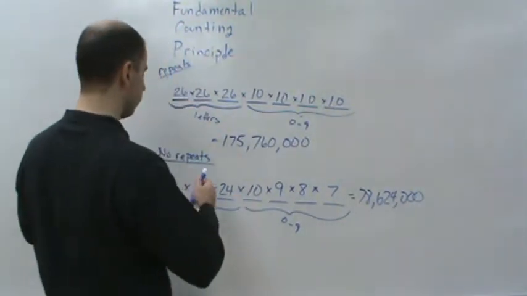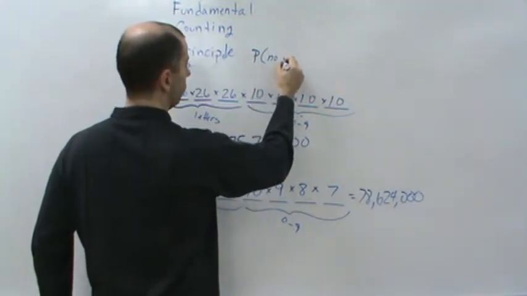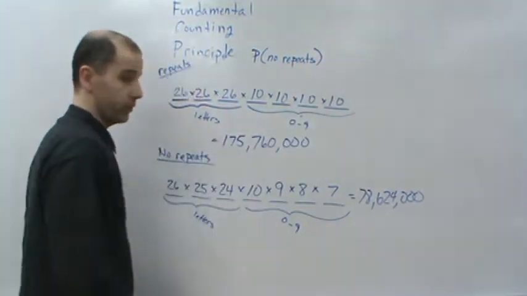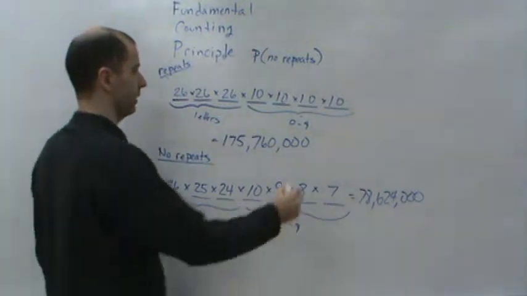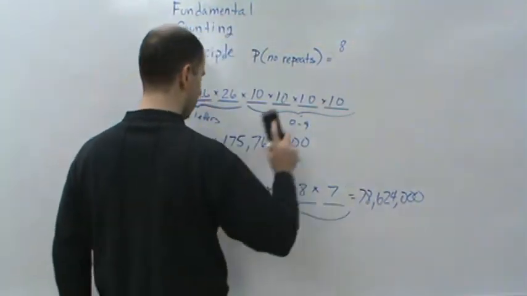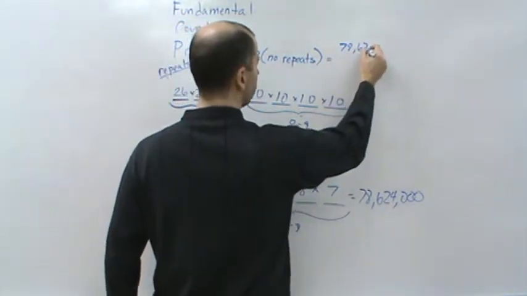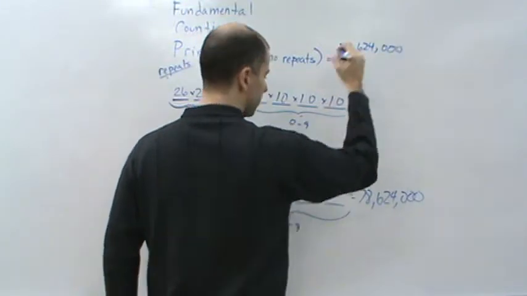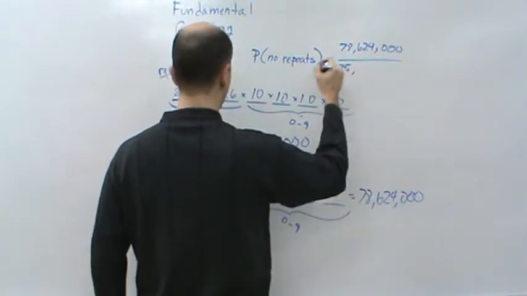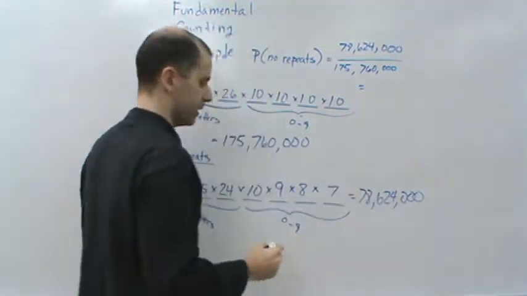So, if I want the probability of no repeated characters, having a license plate with no repeats, it's going to be 78,624,000 divided by 175,760,000. And so what's the probability of that?